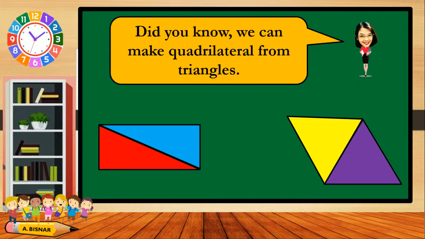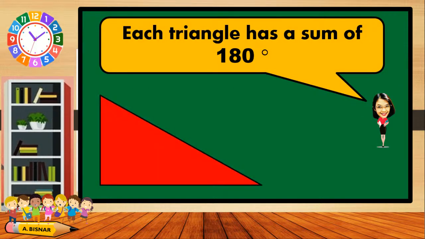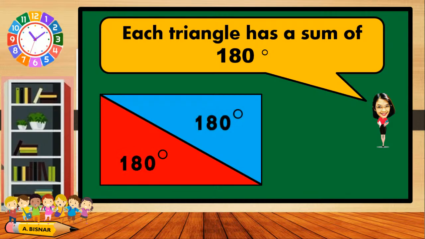So, this means to say that we can make quadrilateral out of triangles. Okay, next. If each triangle has a sum of 180 degrees, diba, when you add the angles of a triangle, the sum is 180 degrees.